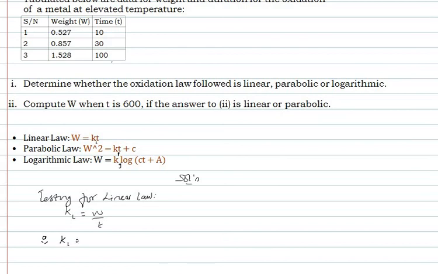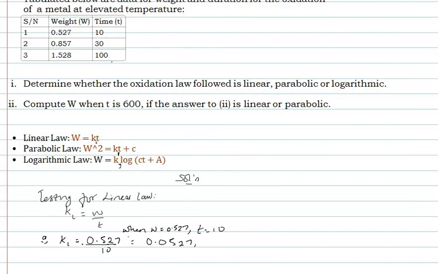KL is equal to 0.527 divided by 10, and that's equal to 0.0527. That's when W is equal to 0.527 and T is equal to 10.